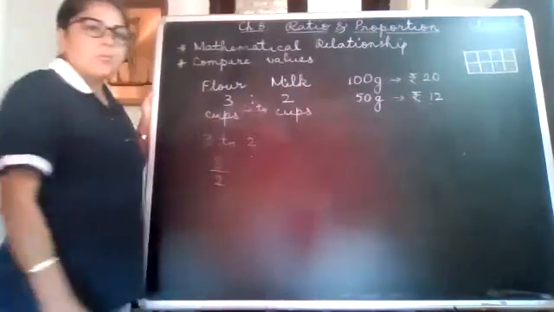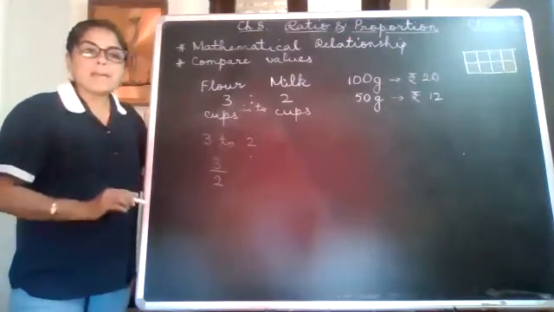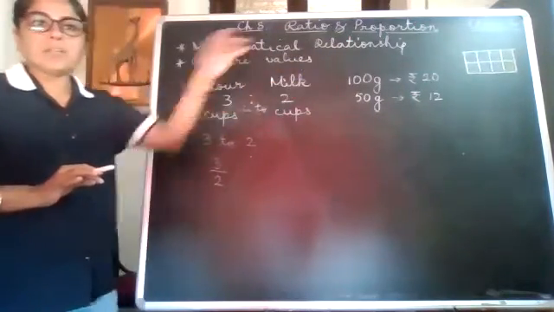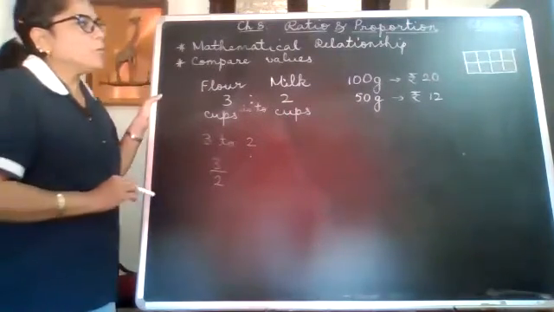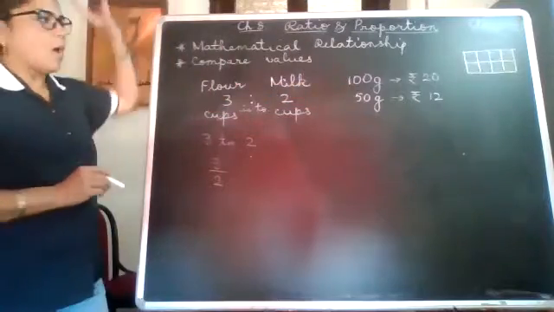Now you would want to compare and see which of the two is a better buy, which will fall cheaper for you. So what would you do? You will have to compare both of these.